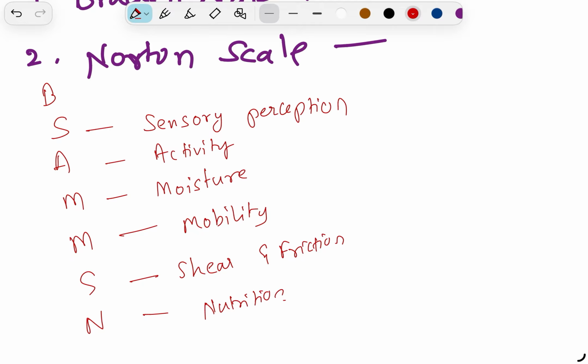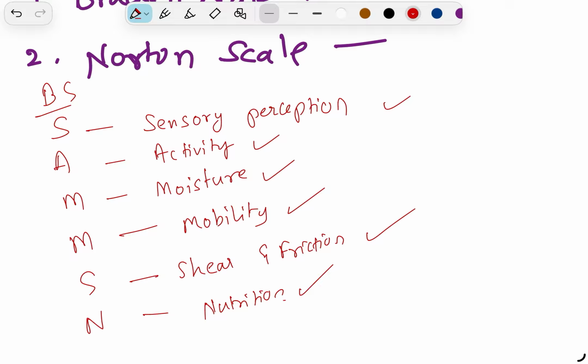Yes, Braden scale. So you should remember this. The Braden scale has sensory perception, activity, moisture, mobility, shear and friction, and nutrition.